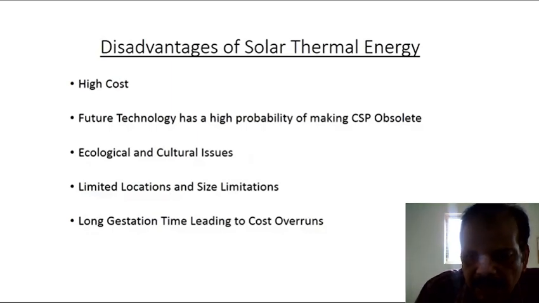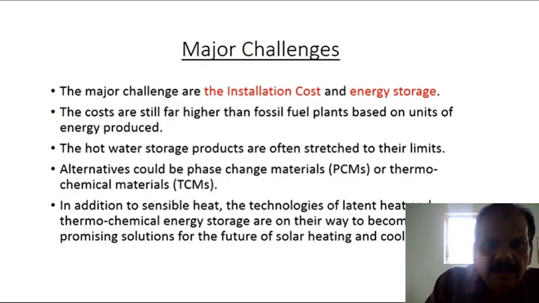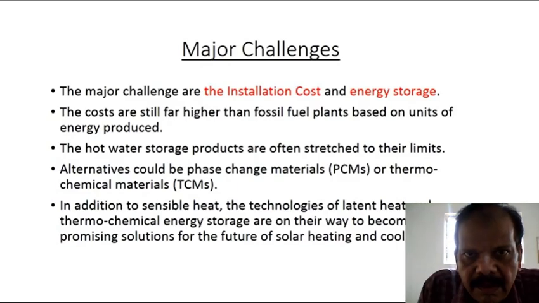So these are some of the disadvantages. Even though there are disadvantages, as we have more advantages, the technology is getting widely accepted and it is going to be used by the entire world.